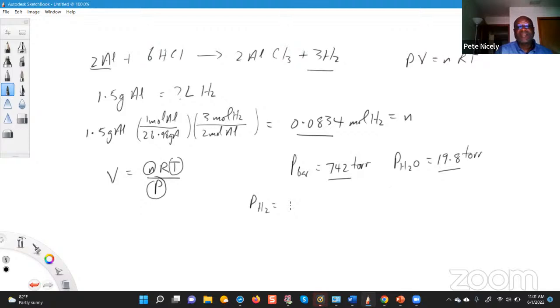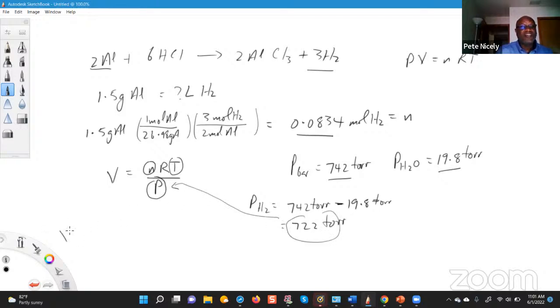So it's going to be 742 torr minus 19.8 torr. Let me do that calculation. 742 minus 19.8 works out to be equal to 722 torr, and that is the pressure that will go here in this equation.